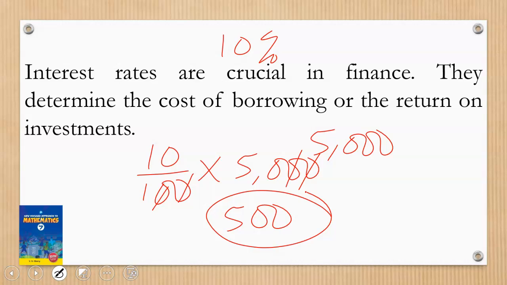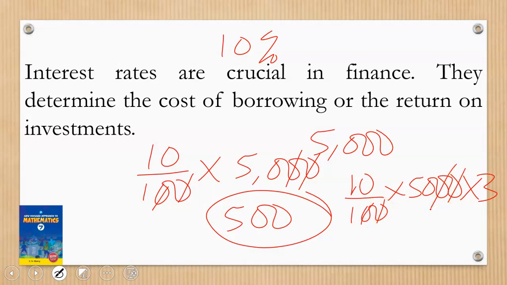Now, what if you allow the money to stay with them for 2 years? What if for 3 years? So it simply means if it is 3 years, you are going to have 10 over 100 times 5,000 times the number of years you want the money to stay with them. That is maybe, let's say if you say 3 years, and the promise is that they will give you 10% interest. So for 3 years, you can calculate to know how much interest you get.